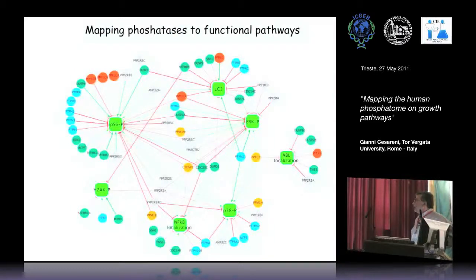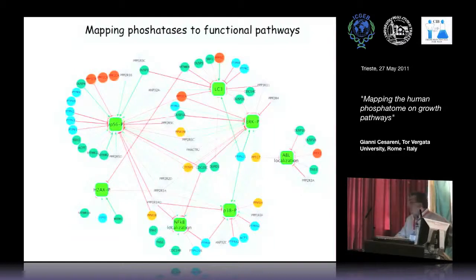In red are the links that suggest that the phosphatase is inhibiting this phenotype, while in green is the evidence that this phosphatase is activating this phenotype. And the intensity of the bonds depends on whether this information was extracted from 3 siRNAs, 2 siRNAs, a little bit less intense, or just 1 out of 3 siRNAs that provided this information.